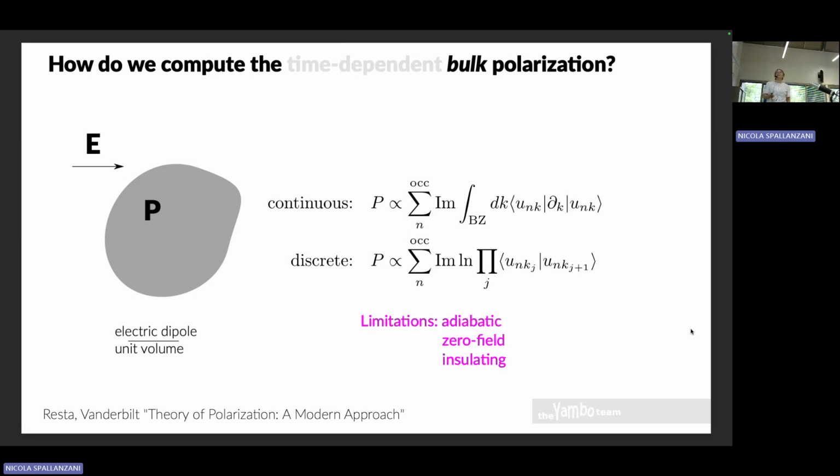Then, in contrast to this schematic here, it is only valid for zero fields, and the reason is that they have to use the Bloch periodicity. So they assume zero field, and they usually use this expression to calculate the polarization in ferroelectrics or piezoelectrics.